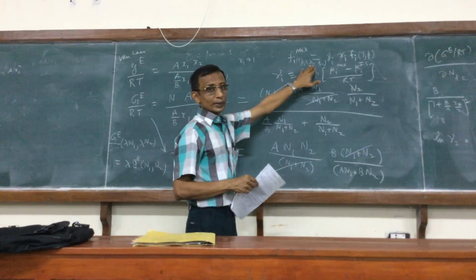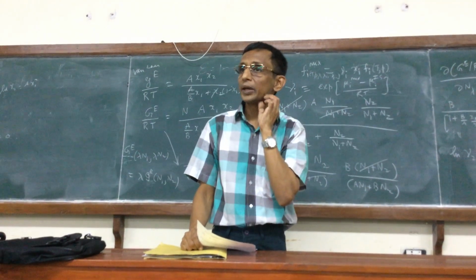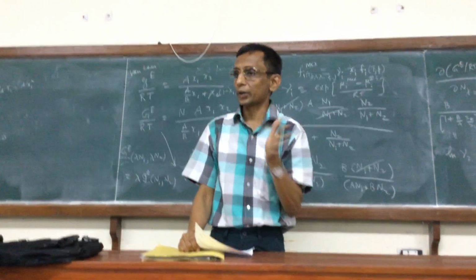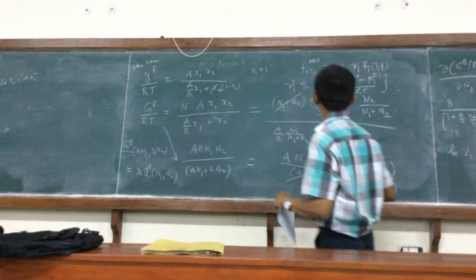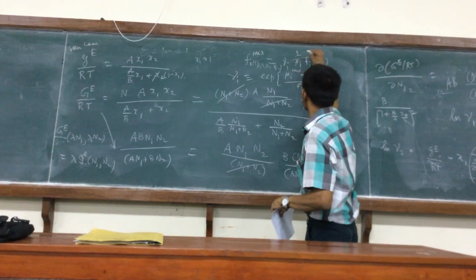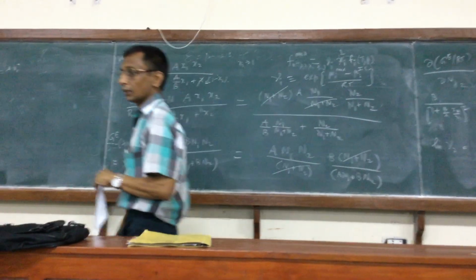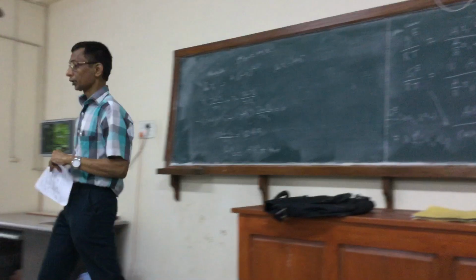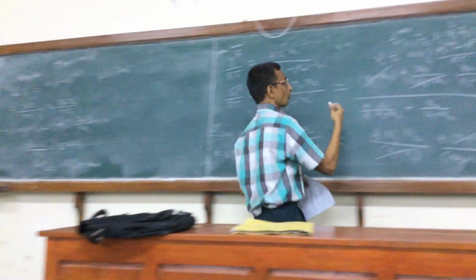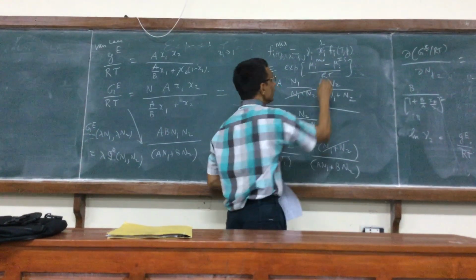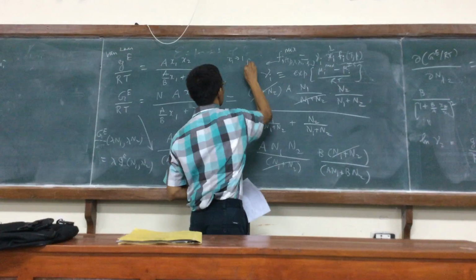Whatever it is, we should be explicit: xi is a particular component whose mole fraction is going to 1. All other mole fractions are going to 0. So this will become 1, and clearly the mixture itself is going to become the pure component I fugacity. Each of these will tend to 1, this remains as it is, which is anyway the pure component, and this will tend to Fi.